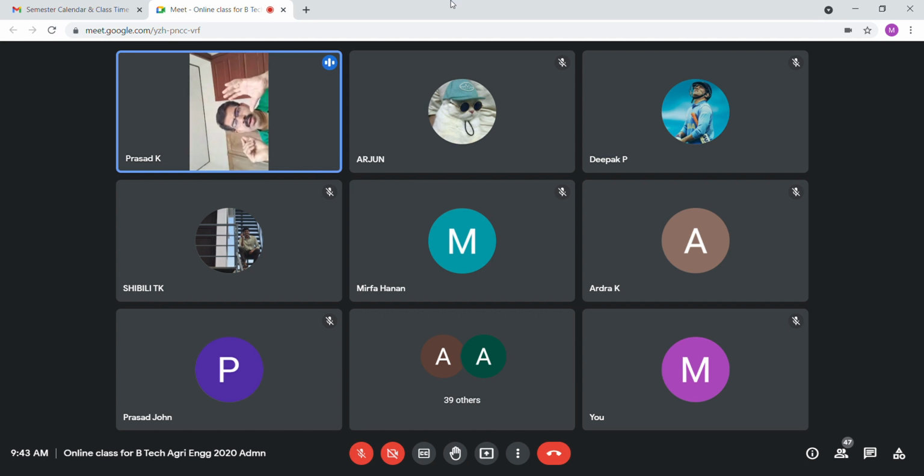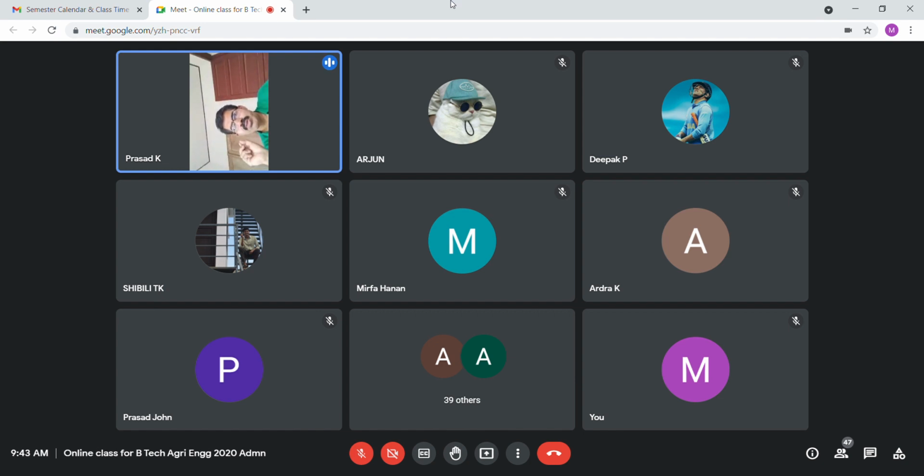The teeth of the two gears are of different numbers, so the teeth of the first gear is capital T1, and the teeth of the second gear is capital T2.